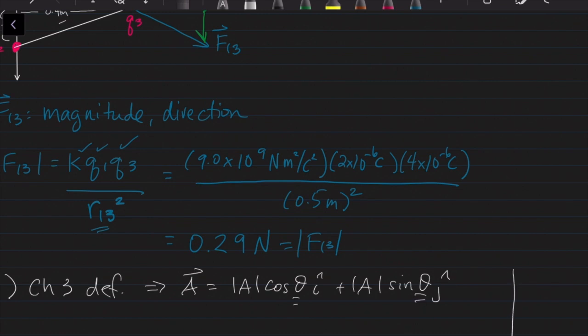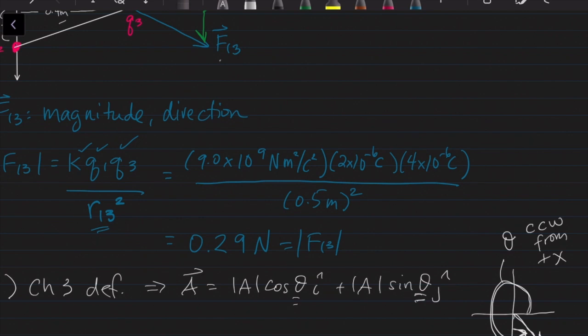If this is our arbitrary vector A, like F13 is, the angle theta must be defined counterclockwise from the positive x direction. So the angle that we give this formula, for a vector in the fourth quadrant, is going to be a big angle, which may or may not be a pain to determine. So that's one way to do it.